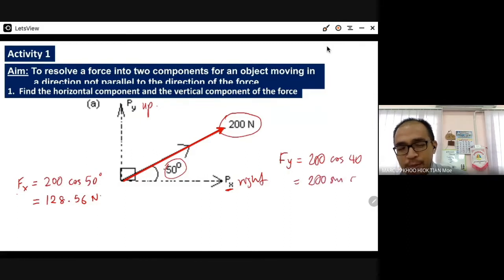People want you to say 50, he wants to say 40. Okay, actually it is the same value.